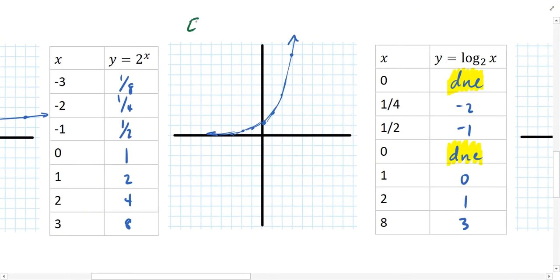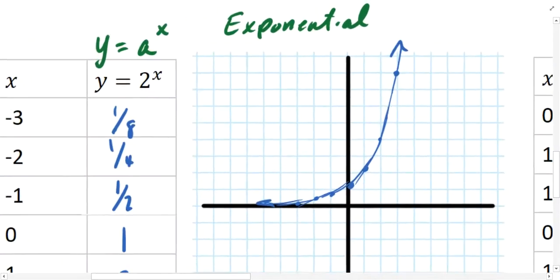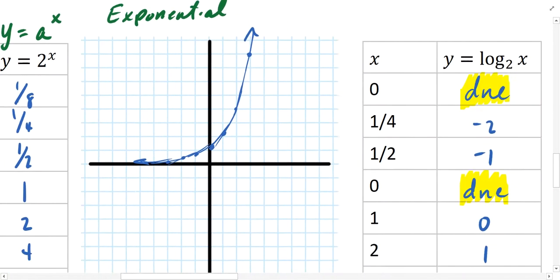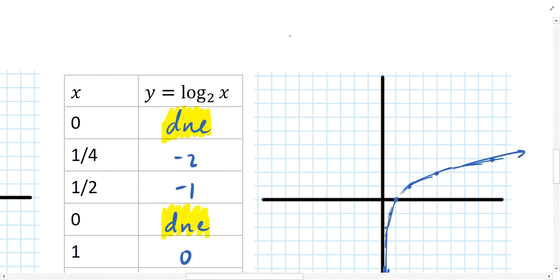This example, of course, we will call an exponential graph. And anything of this form, y equals some base value to the power of x, would be just fine. We'll consider those exponential graphs. And then this one is a logarithmic graph. And here again, any base value is fine.